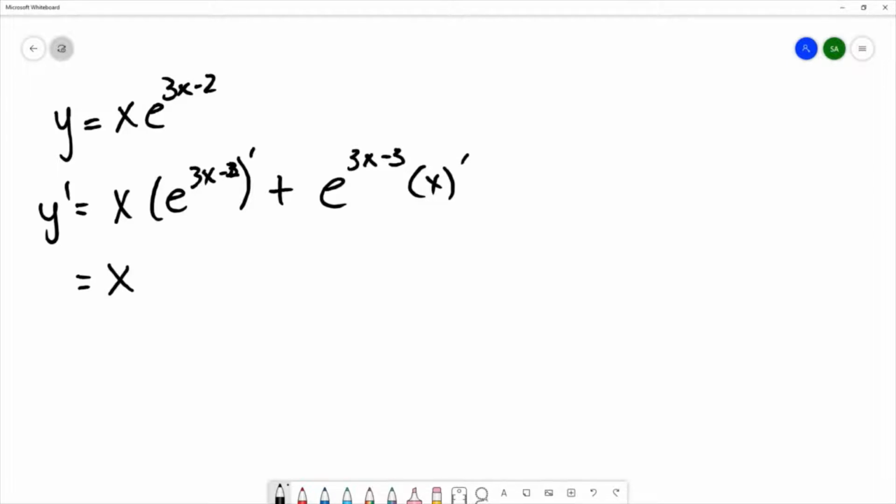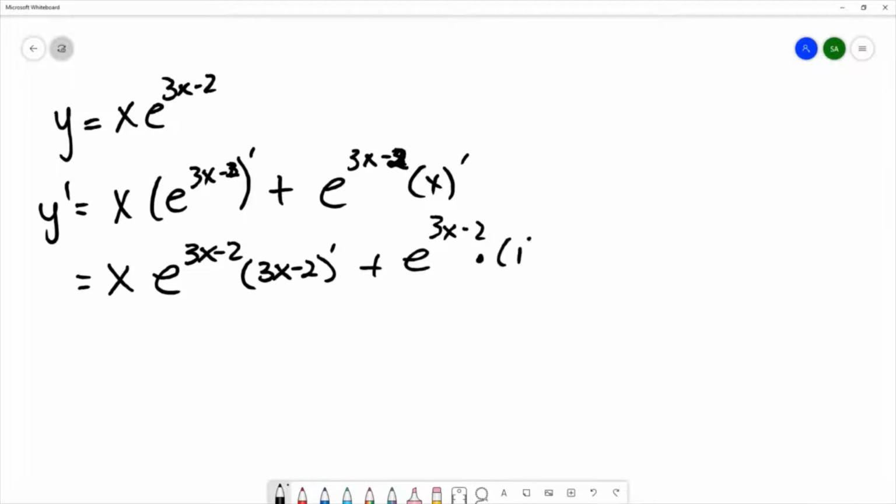The derivative of e to the 3x minus 2 will be e to the 3x minus 2 times the derivative of what's in the exponent. That's using the chain rule. And then e to the 3x minus 2, so this is a 2 up here, times the derivative of x will be 1.